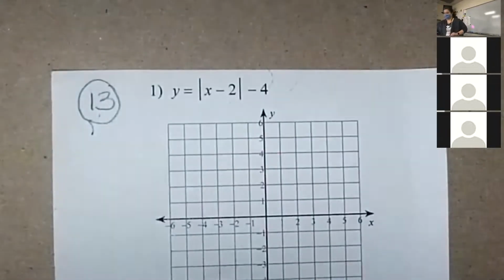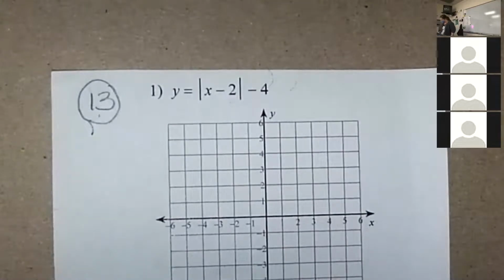Next, 13, words. Wait, so if it's minus 2, you're going this way.